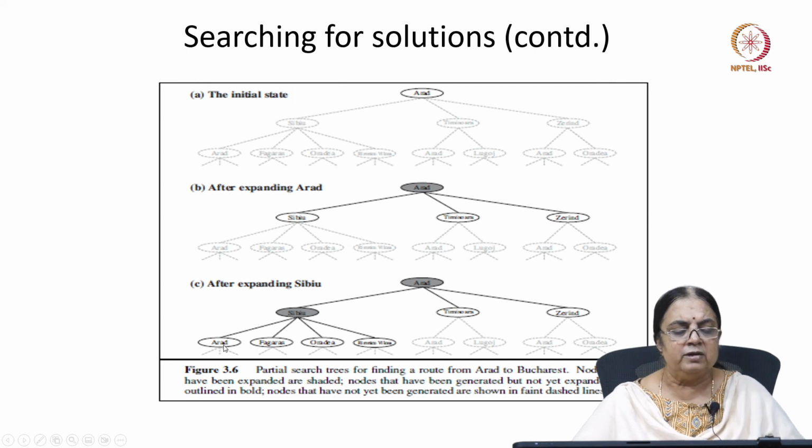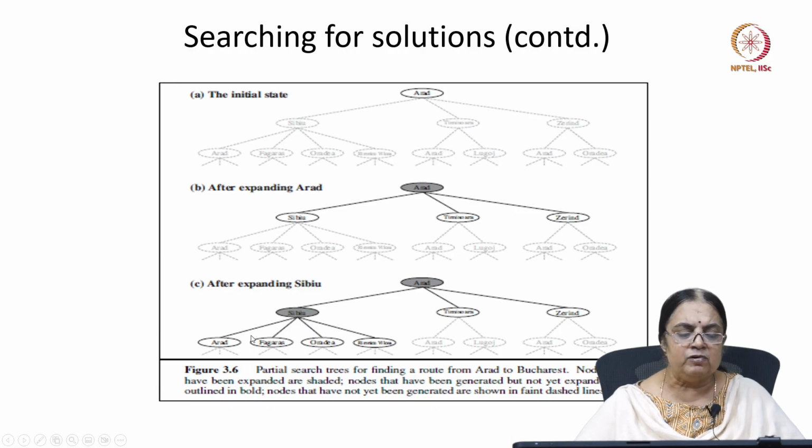You can see here that these nodes are the unexpanded nodes, and they are like the leaf nodes. So what is a leaf node? A leaf node is a node which doesn't have any children. It has only a parent. So it is a leaf node in this partial tree which has been created.